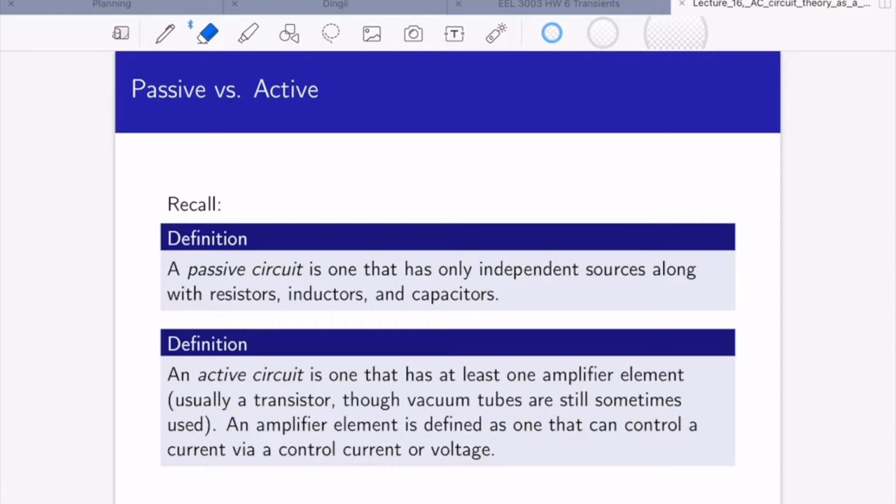This amplifier element could be a transistor, although vacuum tubes are still sometimes used, particularly in some audio applications. And of course, remember that operational amplifiers are built by combinations of transistors. An amplifier element is defined as some kind of circuit element that can control a current, either using a control current or a control voltage.